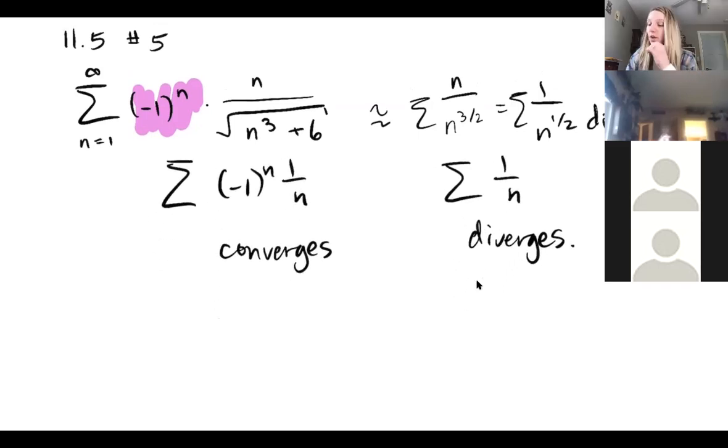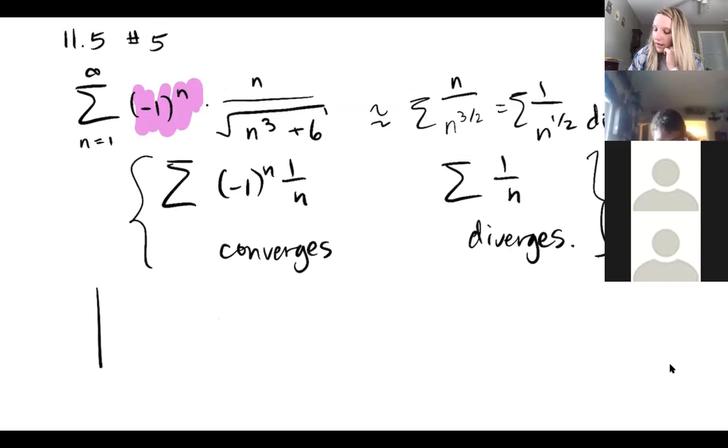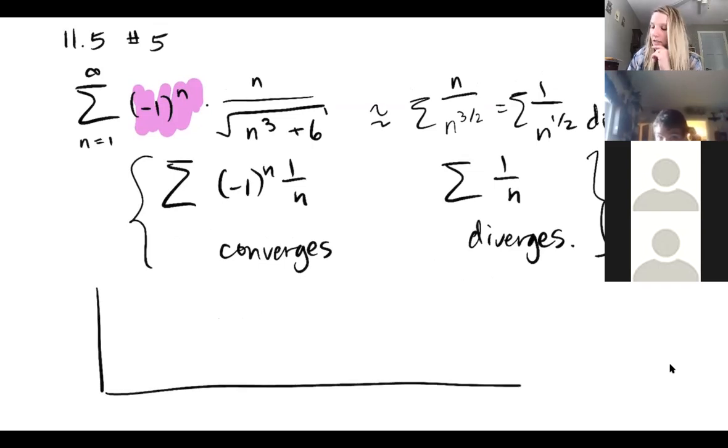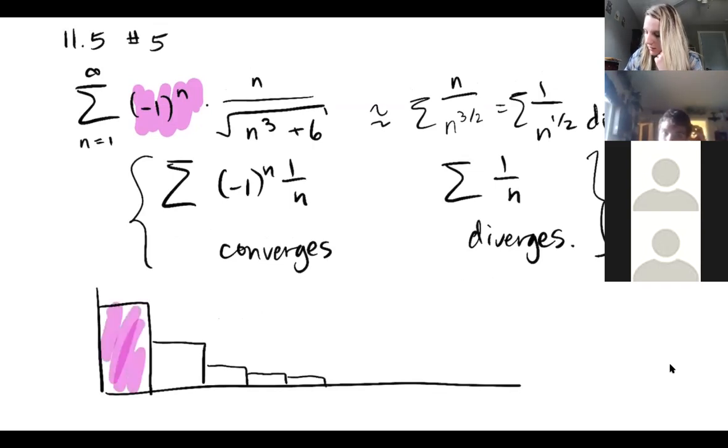Okay, so here's what I want you to think about. Is it okay if I just play with these two as an example? So 1 over n, if we think of it as an area, we're adding up rectangles of height 1, 1/2, 1/3, 1/4, 1/5. That's the area for those.